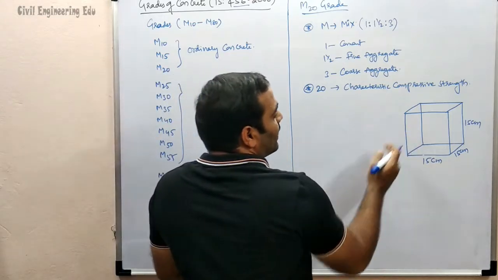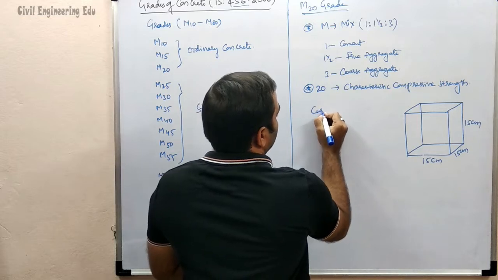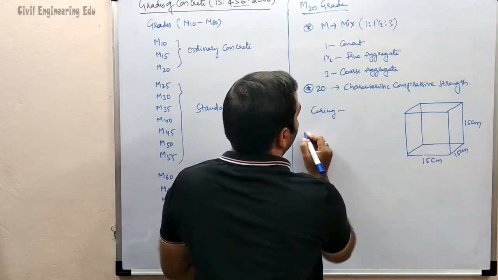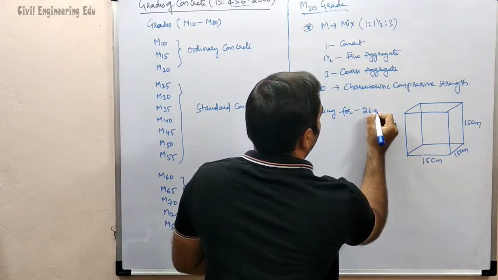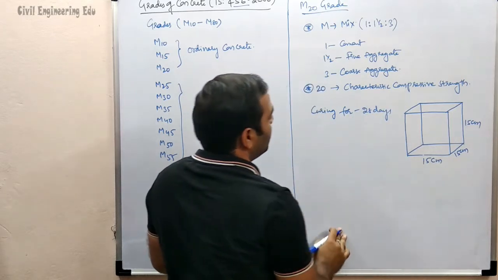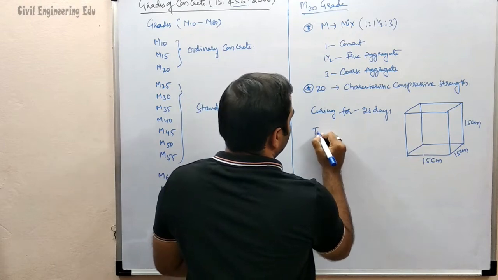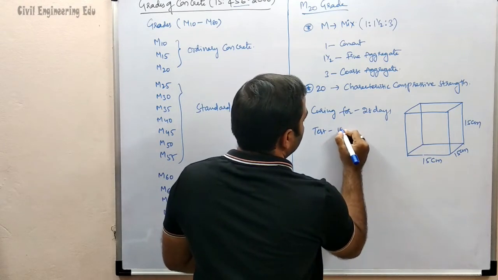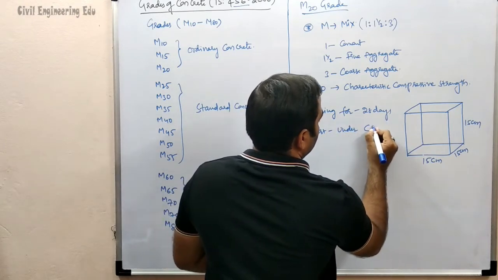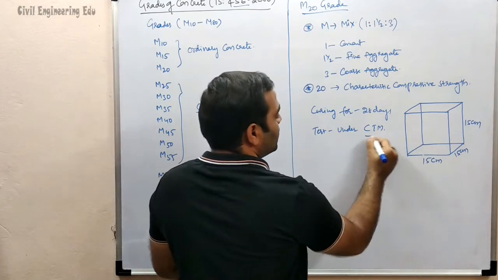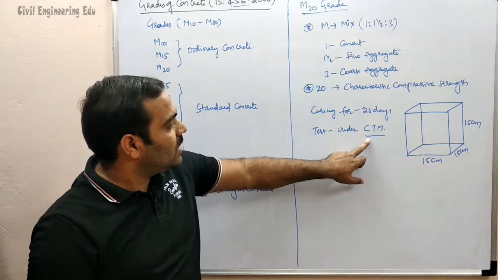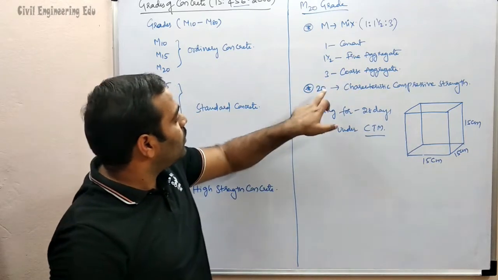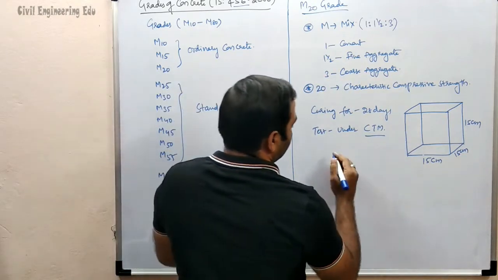After curing for 28 days, we need to go for testing. Test under compression testing machine. So if we test under compression testing machine, the strength should be 20 Newton per mm square.